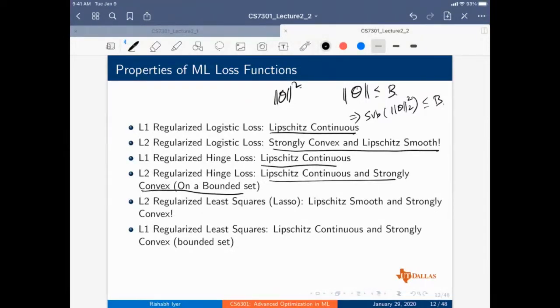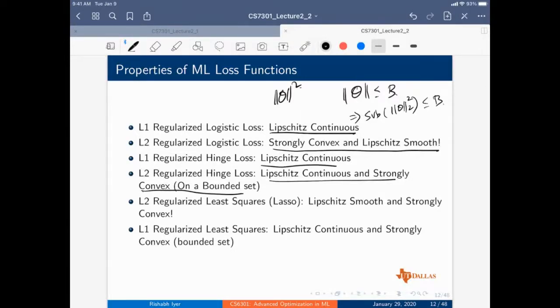Yes, Saurabh. Professor, how would the bounds on theta affect the optimization algorithm, or how would we implement that? That's a good question. It doesn't come up in the algorithm per se. These are additional assumptions made so that a convergence bound can be shown.